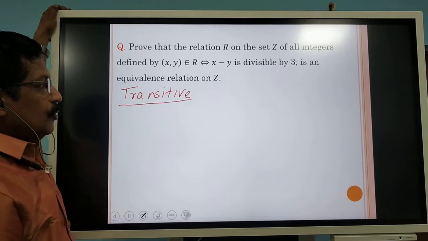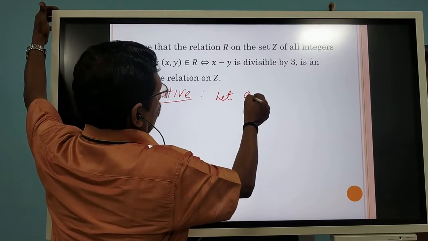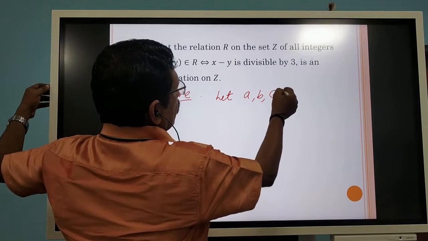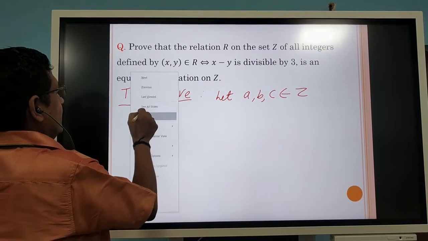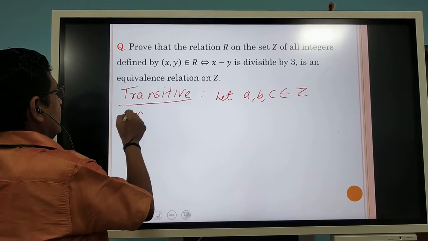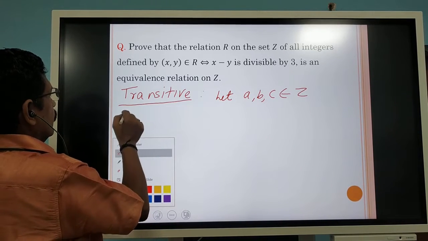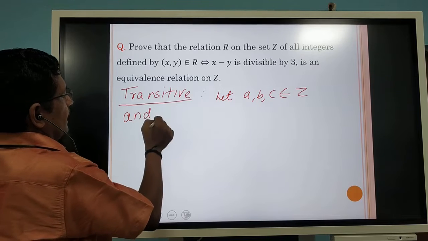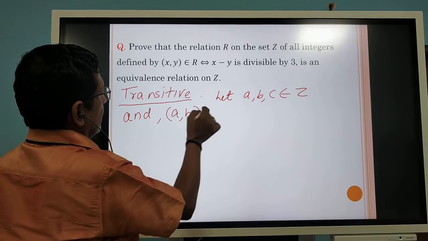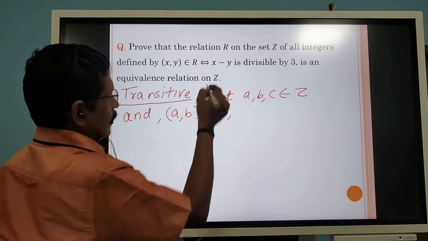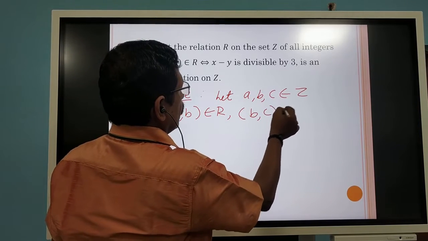Transitive case. So, for the transitivity case, I am taking letters a, b, c, three arbitrary integers, and a is related to b, that is ordered pair (a, b) element of R, comma, b is related to c.